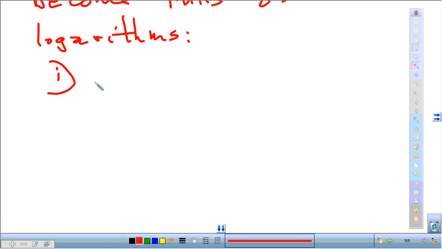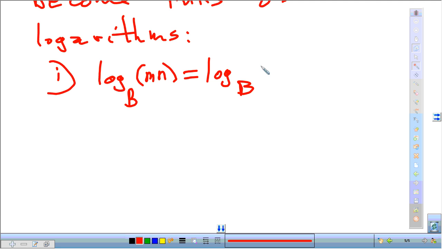Well, one of the basic rules is that for the product of 2 powers, what do you do to the exponents? You add them. So this is the reformulation of that. If you take the product of 2 powers, you add the exponents.